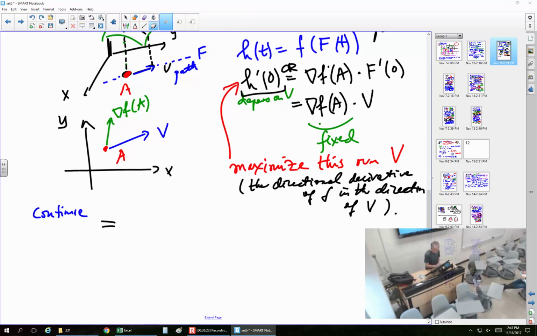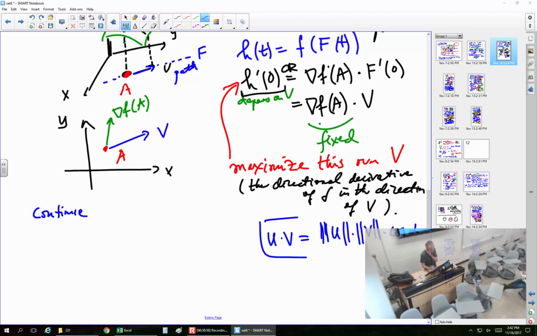Now I guess I'll have to write it out here. Say u dot v is equal to the magnitude of u times the magnitude of v times the cosine of the angle. So the angle between them. That's the formula I'm using.